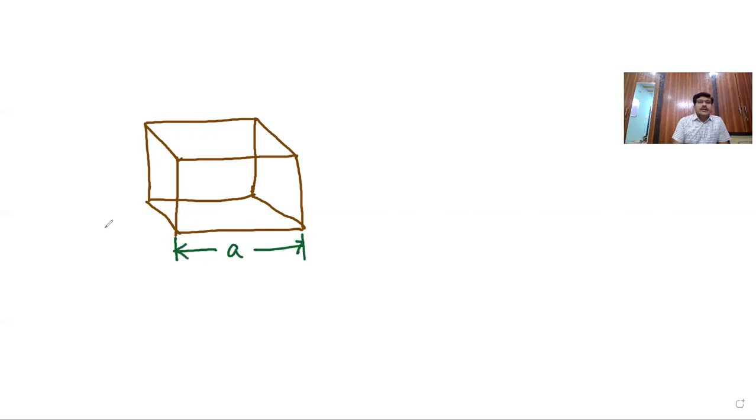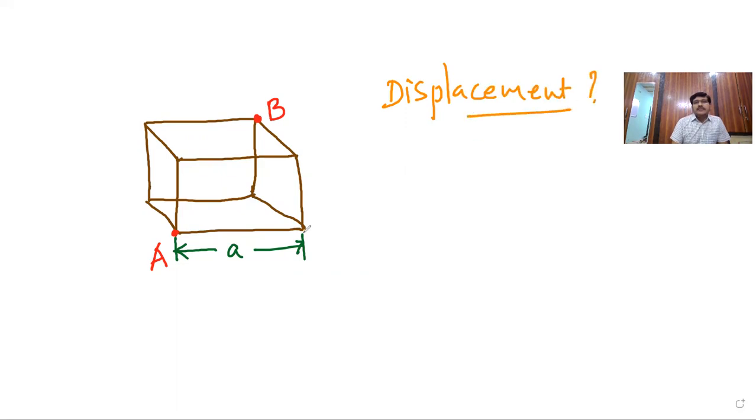Clear? The point he has given is, this is one corner of the cube, A, and the other corner is B. Now he says, what is the displacement? He is asking displacement. That was his interest.